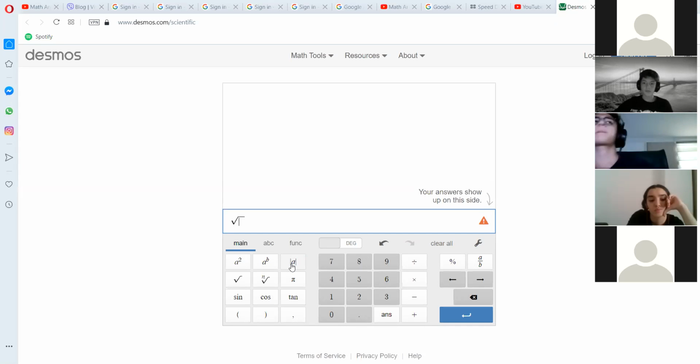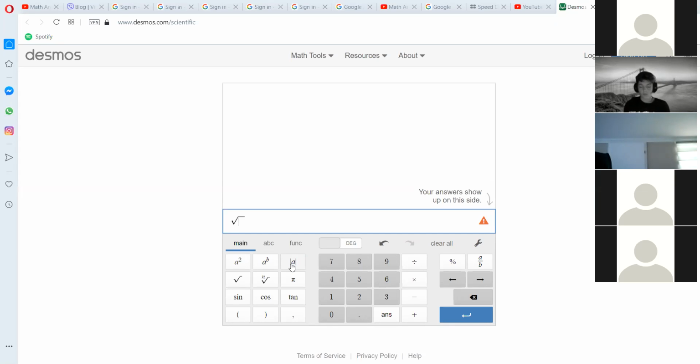Any square number that you know. 14 is a square number. 729. The square root of 729 will be 27, because 9 squared is 81, and 27 is the root.